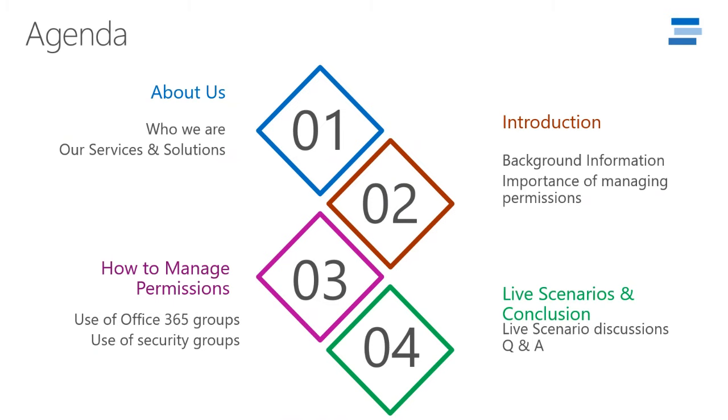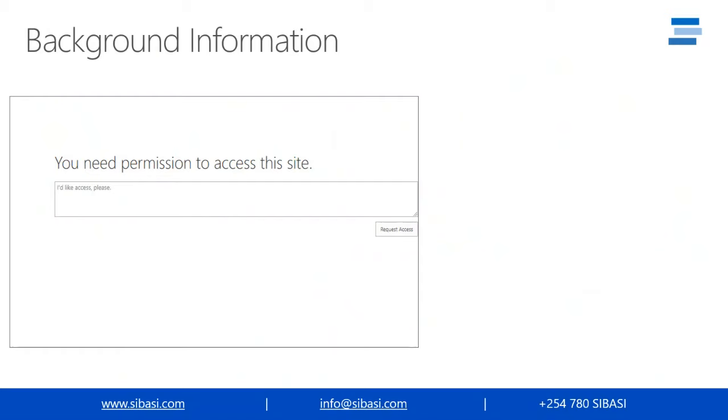For the background information, I'd like to bring you to a very common site that some of us have encountered. In case you try accessing either a SharePoint site or a resource, you'd get this not so nice user interface, which says that you need to access the site.